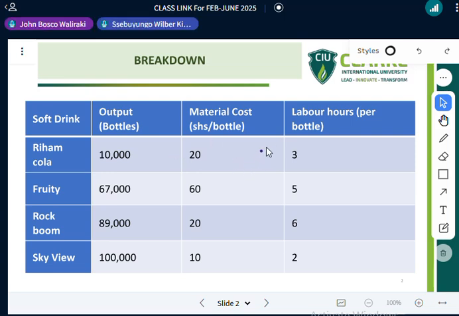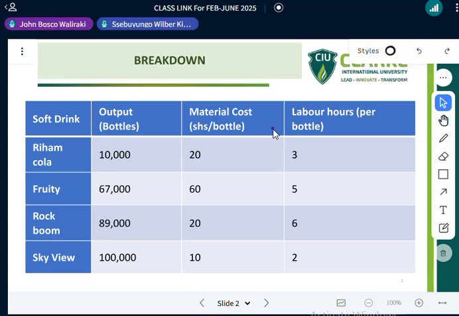Then here we also have what we call material cost per bottle. So each bottle for Riham will consume materials worth 20 shillings per bottle, and Fruity will be 60, and then the others you can see.